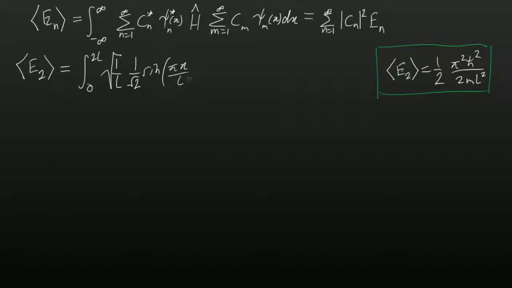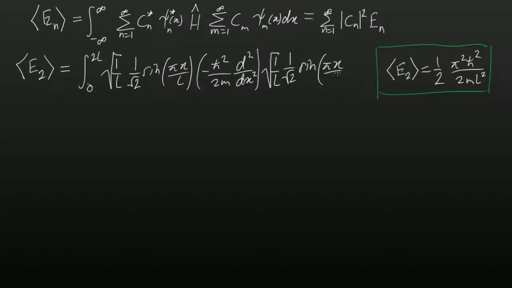The function is pi x on L. Then we have to sandwich in the Hamiltonian, which is this magical creature. Oh right, yes, and then the non-complex conjugate, which is this phantasmagorical thing right here.